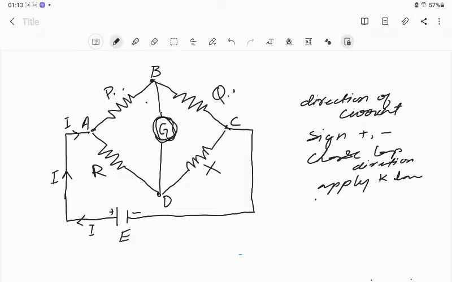Let's say I1 current is flowing in this upper branch, and let's say here I2 is flowing. So in total the current is I. In this I, some part, that is I1, is flowing in this direction, and some part, I2, is flowing in this direction. So when we add up I1 and I2, we will get I.